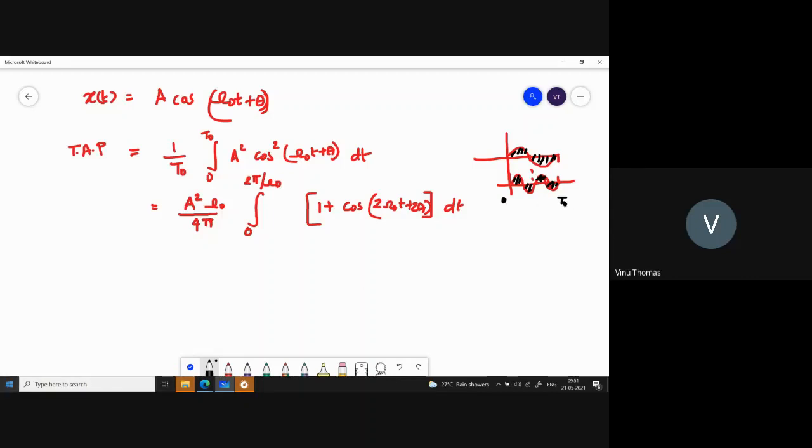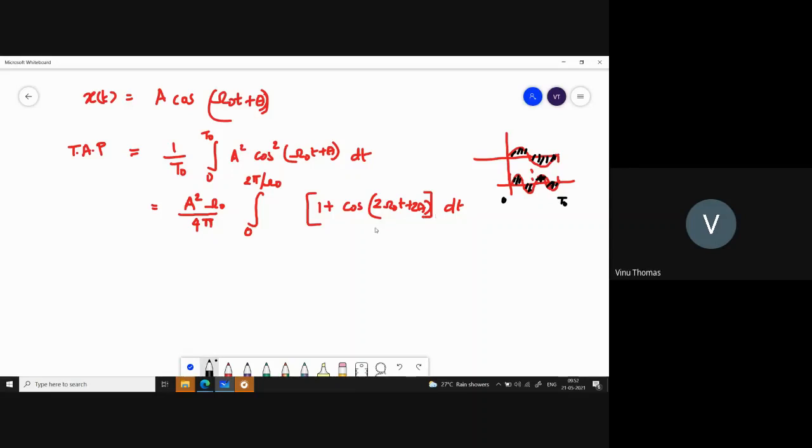I'll ask this question to Alvin. Alvin, what will the total area be? 0. The total area under the function is equal to 0. So even if I start with an arbitrary phase of 2 theta, if I am looking at the total area under two cycles of cos 2 omega naught t plus 2 theta, the total area will be equal to 0, right?